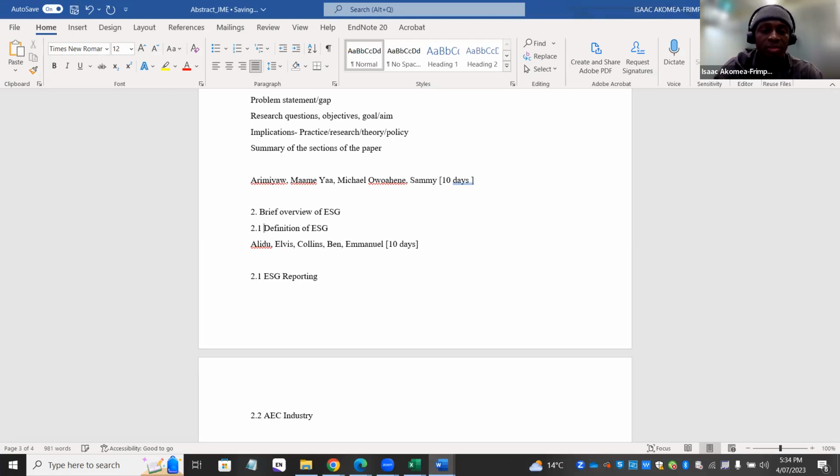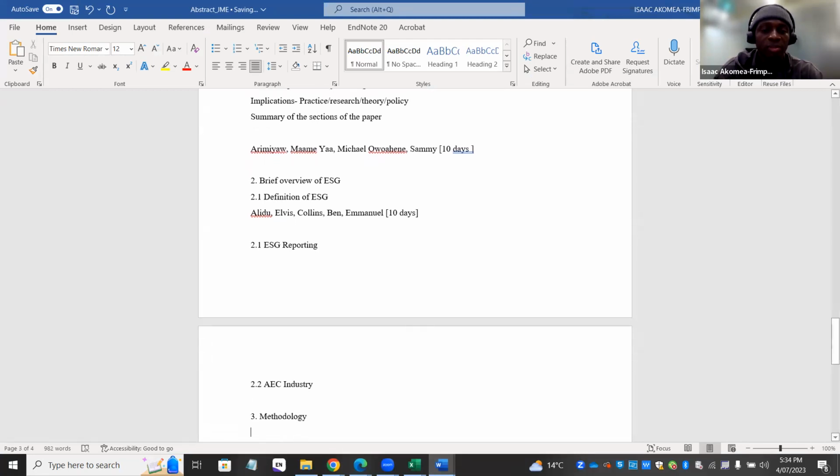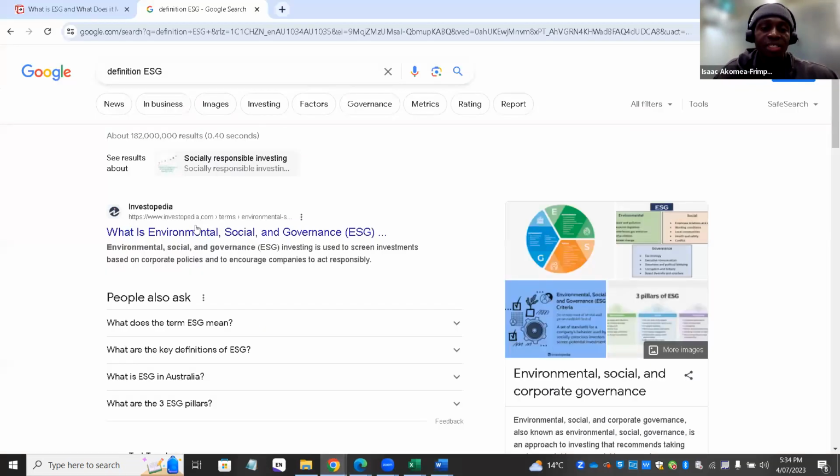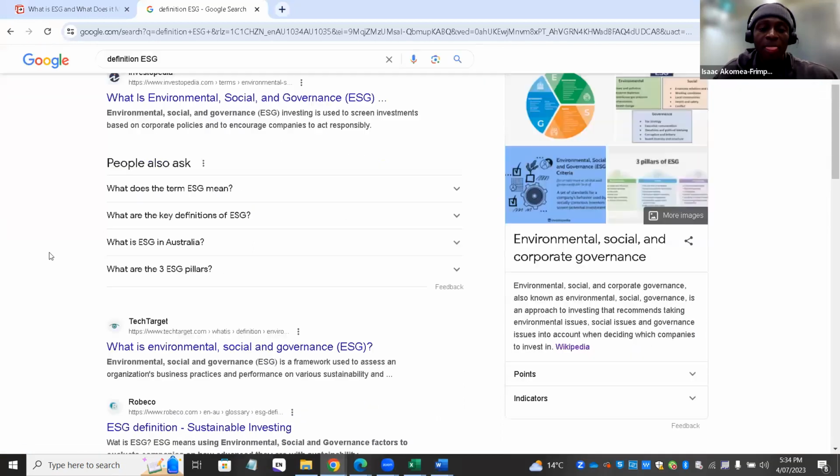Okay, let's see. Yeah, okay, maybe 2.3. So, definition of ESG. What is ESG? This can be a paragraph or maximum half a page. Just give us the definition of what ESG is about. And this, as I mentioned, should be something generic, general.